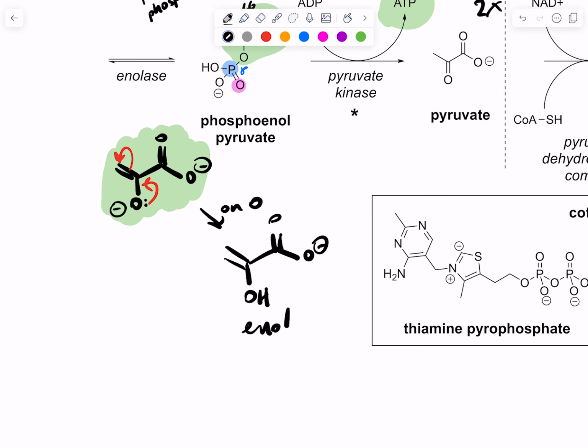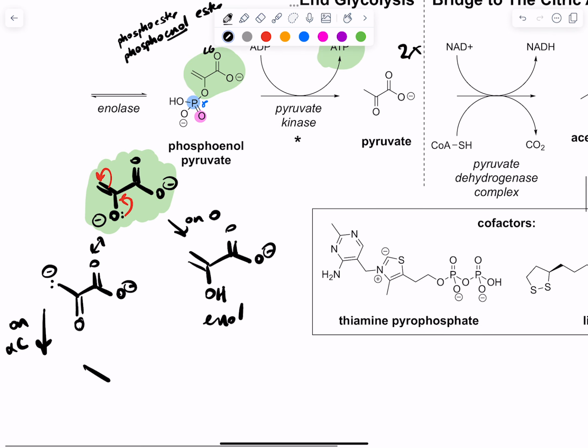If we protonate on that alpha carbon, what I've shown you are the resonance arrows that should convince you that that alpha carbon shares the negative charge from the oxygen. If we protonate on that carbon, then the product is a ketone.